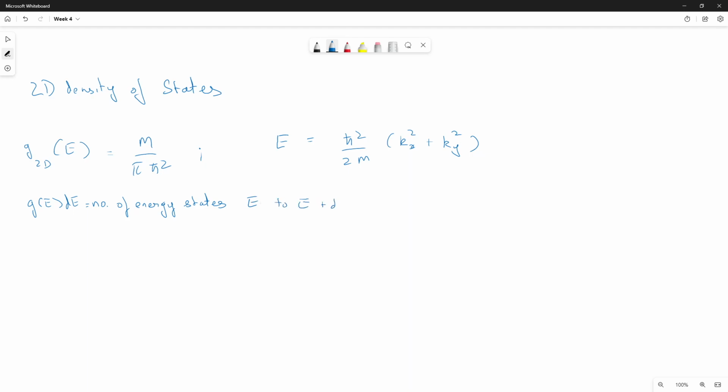So this is the mathematical definition. Essentially it says, if I have a particular energy value for a given physical system, how many energy states do I have for that given energy value?